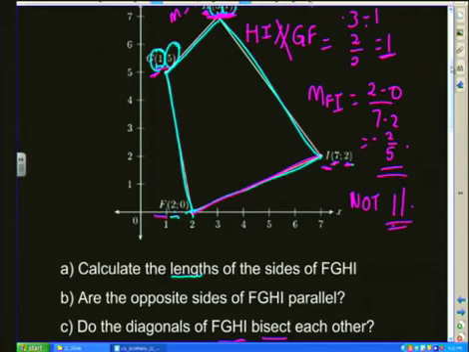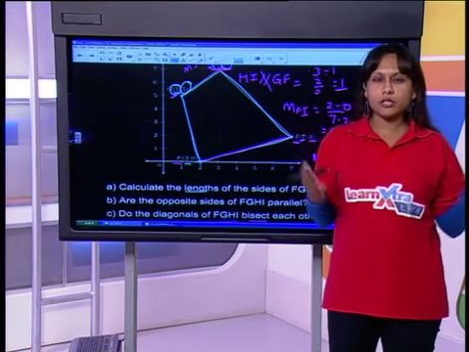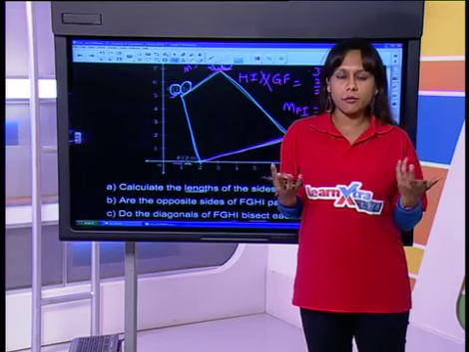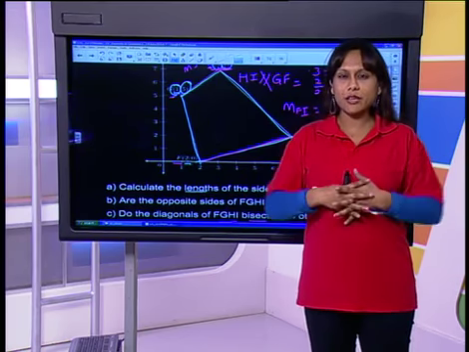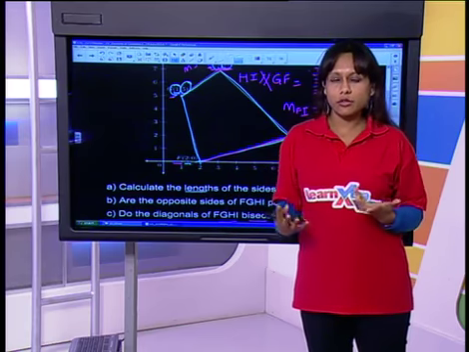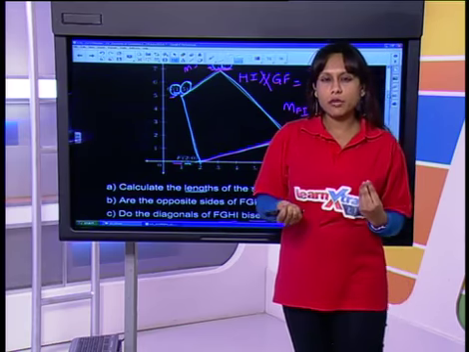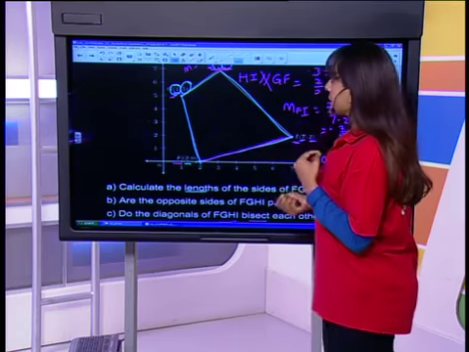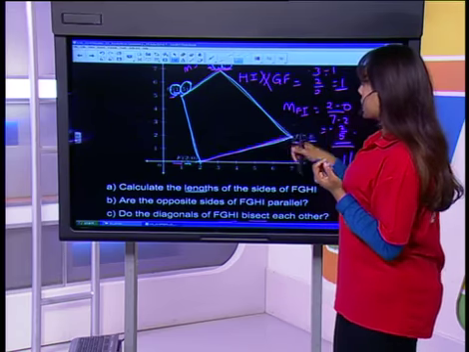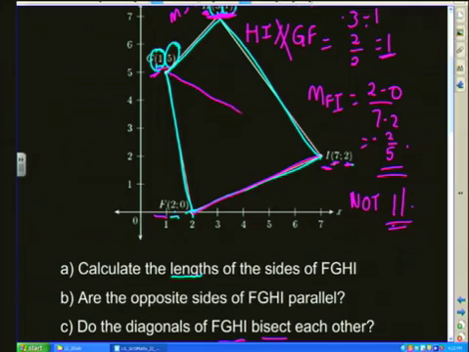Now, in order to understand what formula to use, you need to understand what they are talking about. When they say bisect each other, bisect means cuts in two equal pieces. So if they were to bisect each other, that means that the midpoint of diagonal GI will be exactly the same as the midpoint of diagonal HF.